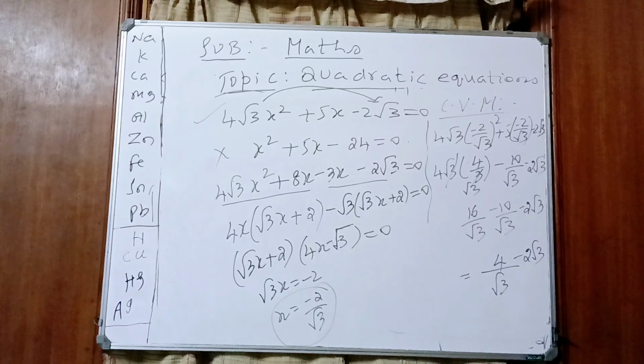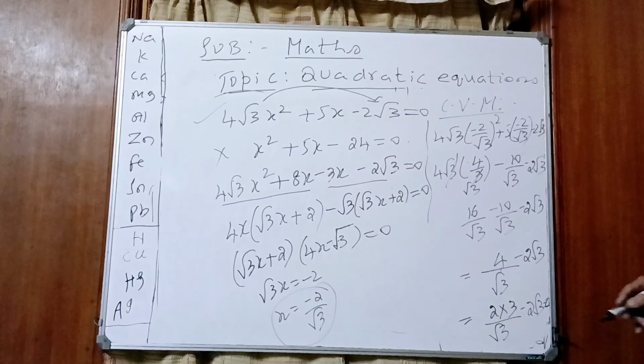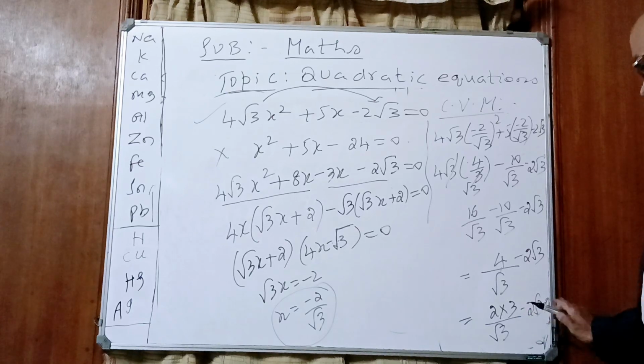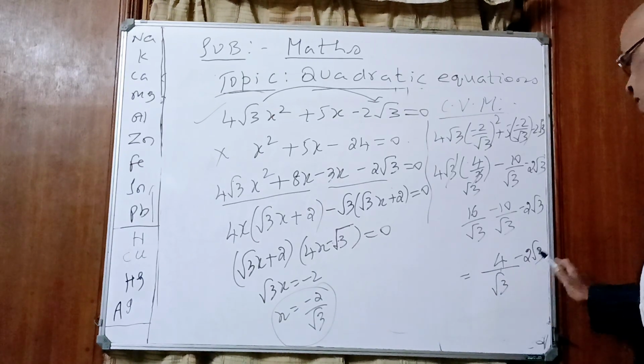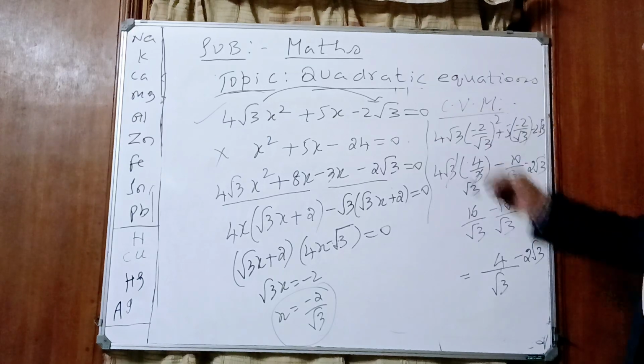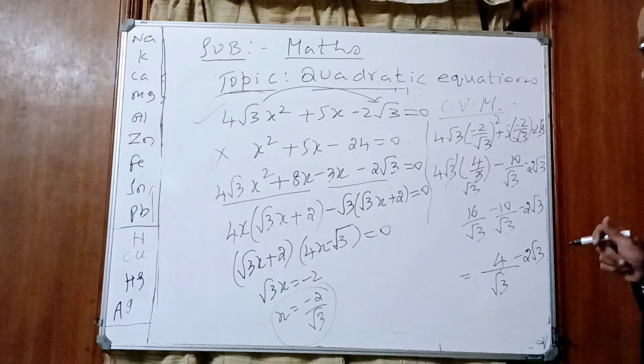No, you are getting... See children, I did a silly mistake. Your answer is not tallying, isn't it? 4 by root 3 minus 2 root 3 should give us 0. Does it give us 0? No.